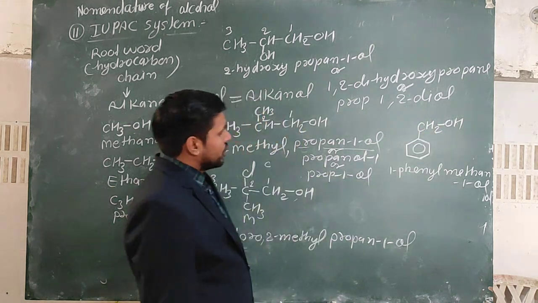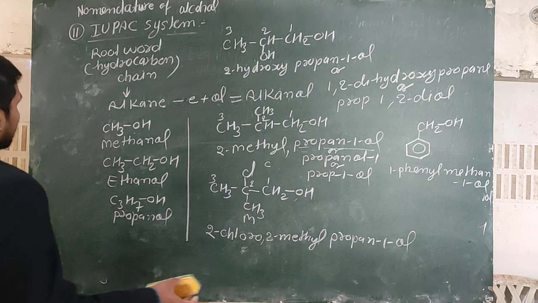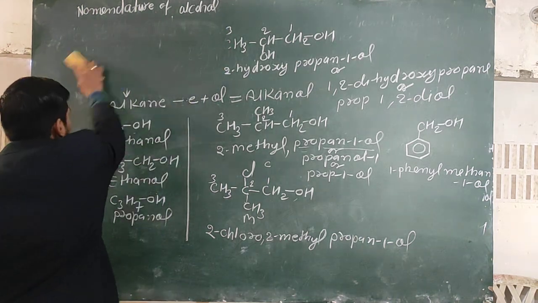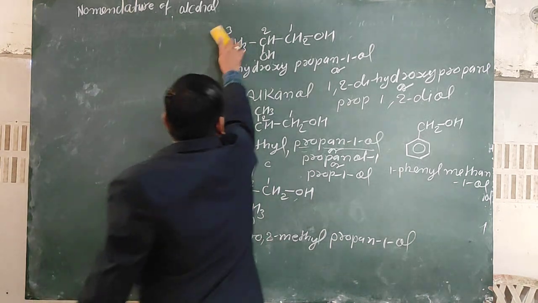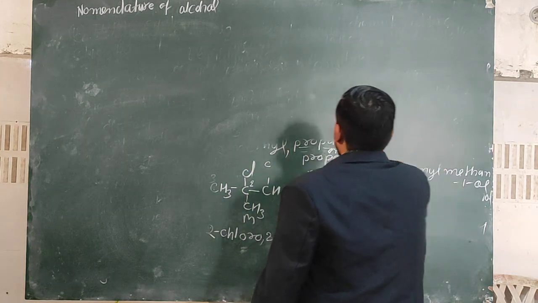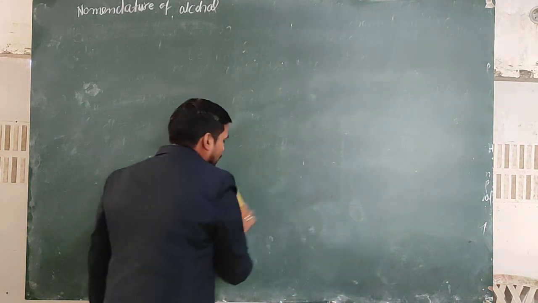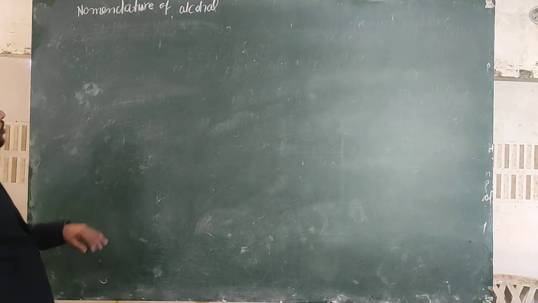After discussing the nomenclature of alcohol, we discuss the nomenclature of phenol. In my previous lecture, when I discussed the classification of alcohol, I also explained different types of names of phenol.